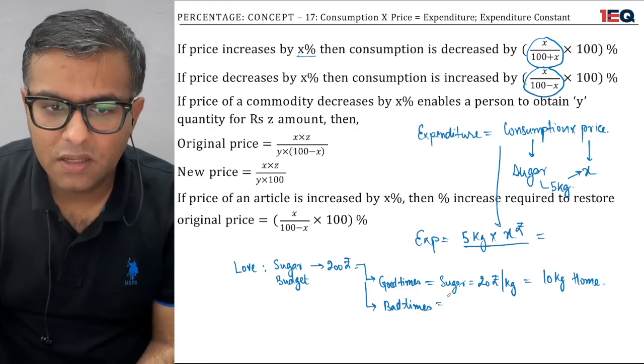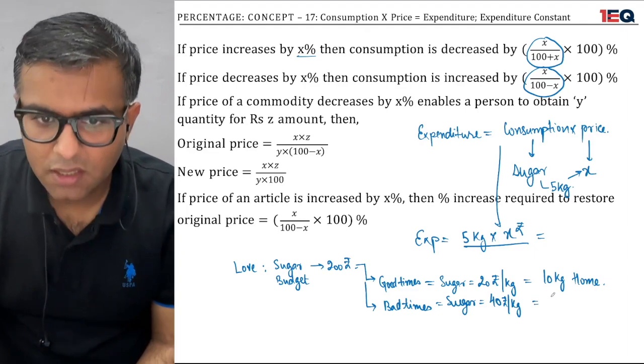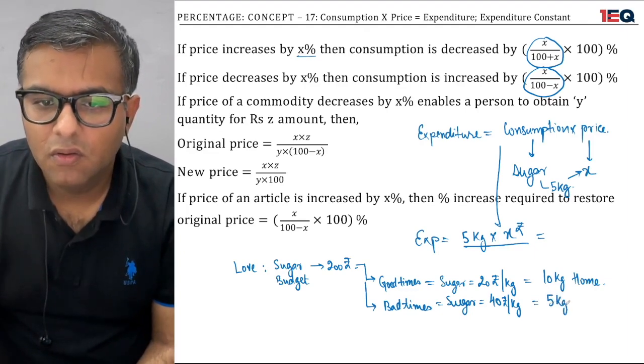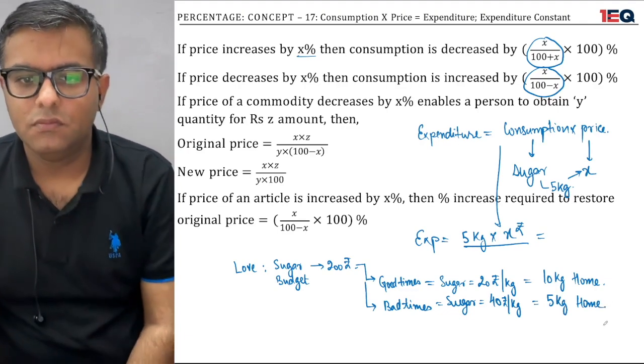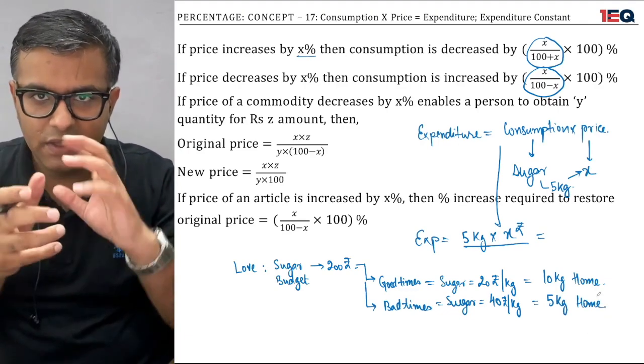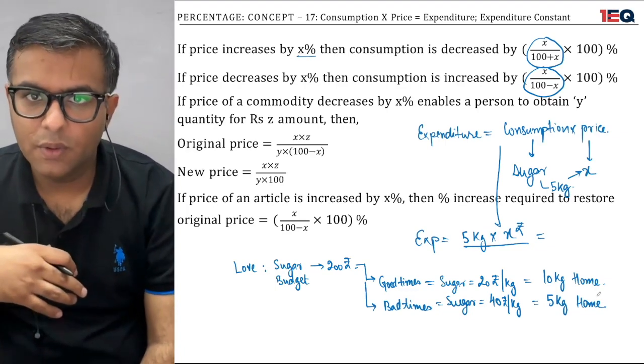Bad times means the cost of sugar is 40 rupees per kg, and by that time you can only get 5 kg sugar. So this variation comes when the price increases: you tend to bring less of the quantity home.